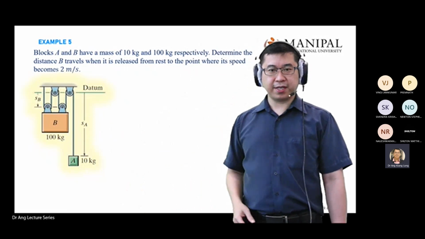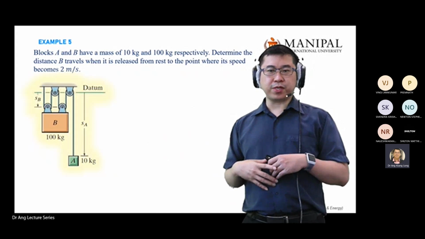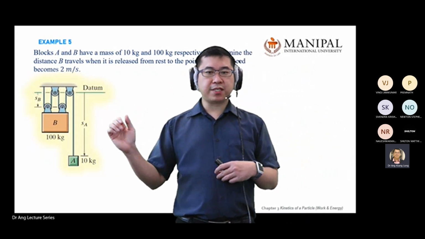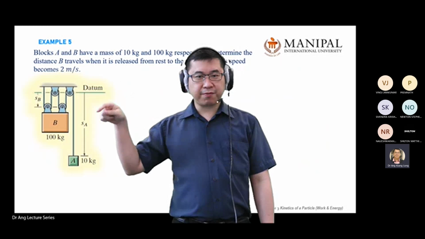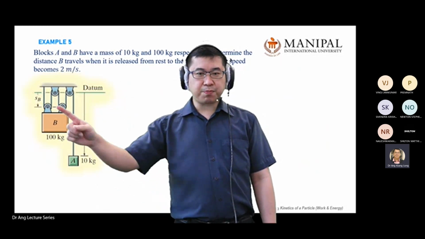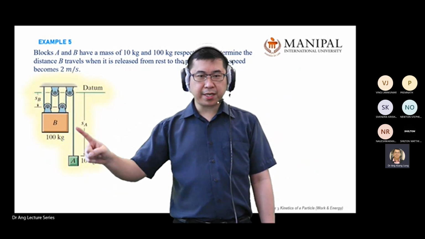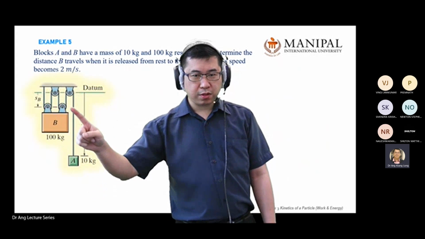Just recall, it's always the same. The principle, or the strategy for solving the question, is always the same. Look at the pulley system, identify where is the positive direction for SB and SA. Then link SA and SB with the rope, or with the chain, or with something that relates A and B.